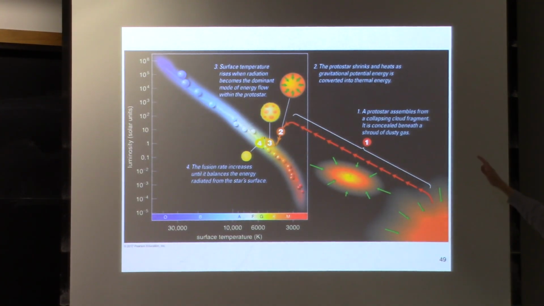The protostar shrinks and heats as gravitational potential energy is converted into thermal energy and radiation, in a 50-50 mix.